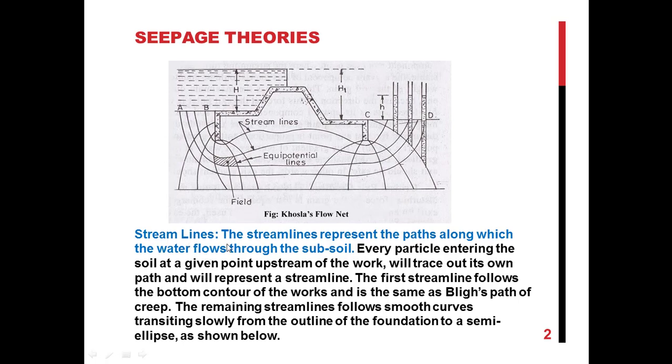Now, streamlines. The streamlines represent the paths along which the water flows through the subsoil. So streamlines are the lines through which the seepage water flows beneath the structure, through the subsoil.